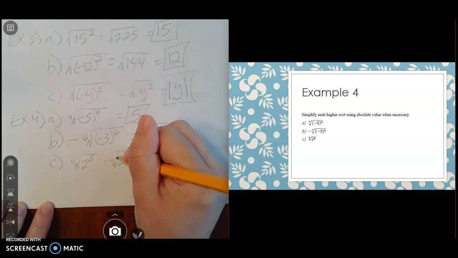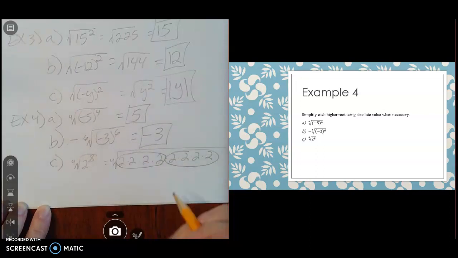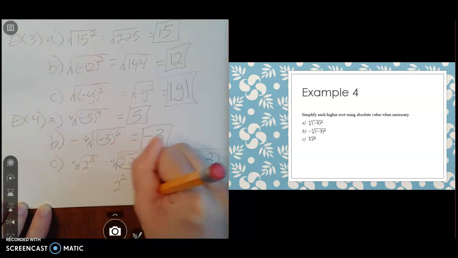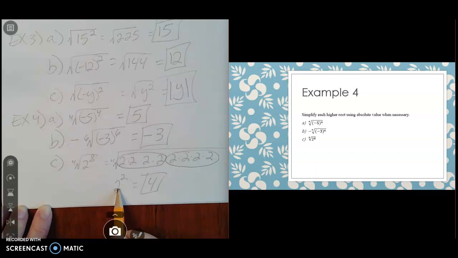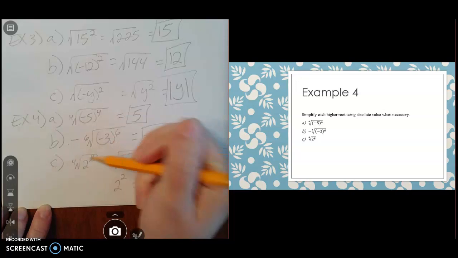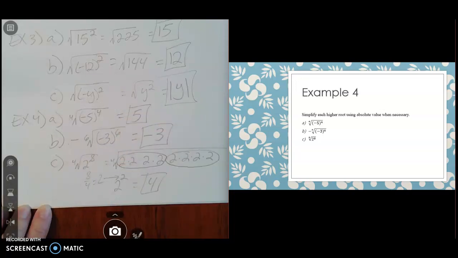So I can have one group of 4 and another group of 4 come out. So I'm going to have two groups of 4. So really that's going to be 2 squared, or 4, for my answer. And if you want to get this a little bit faster, you can do the 8 from up here divided by the 4 from the root to get that 2 a little bit quicker if you'd like to.